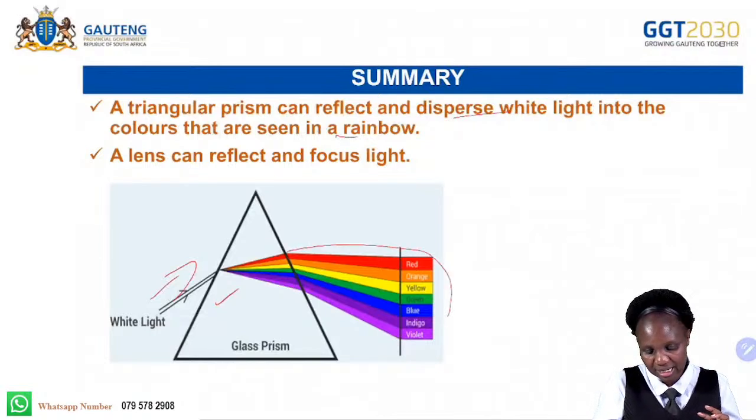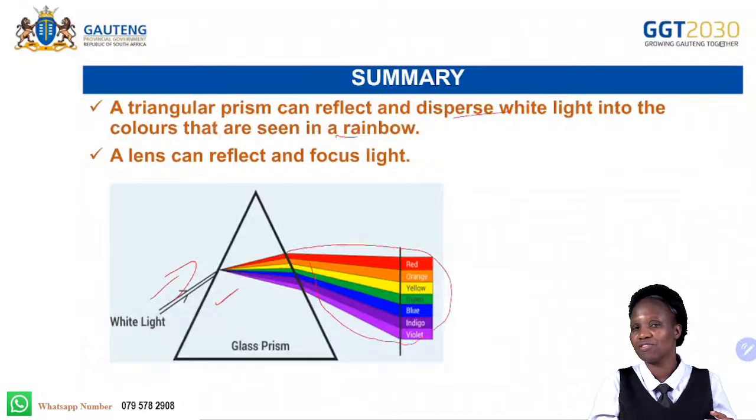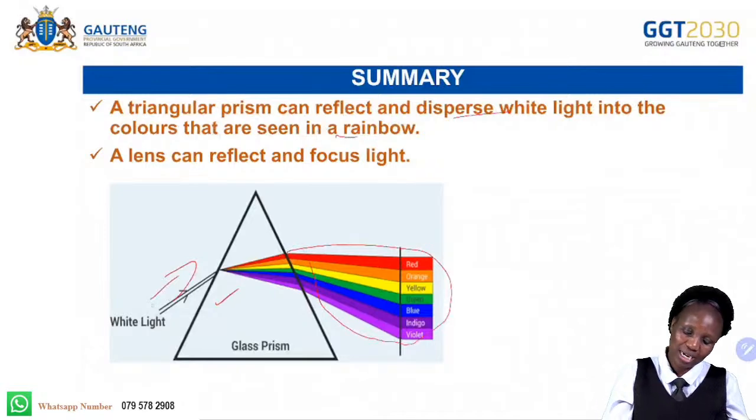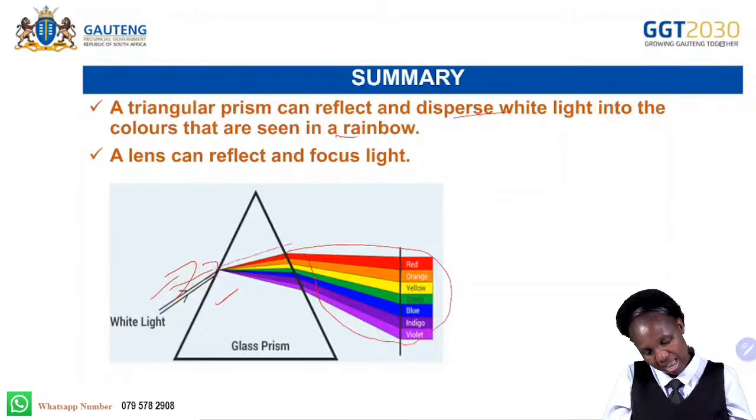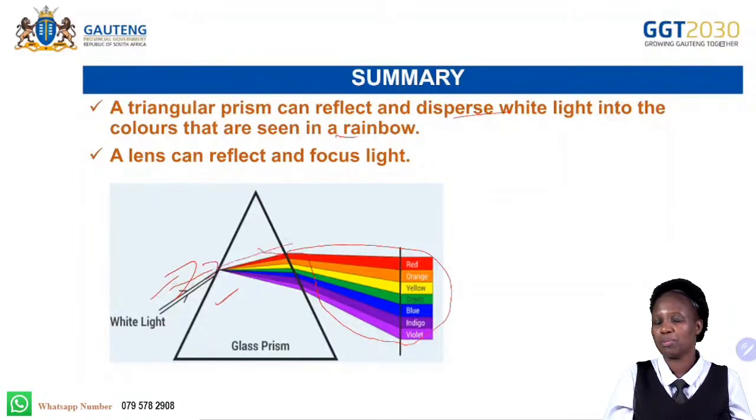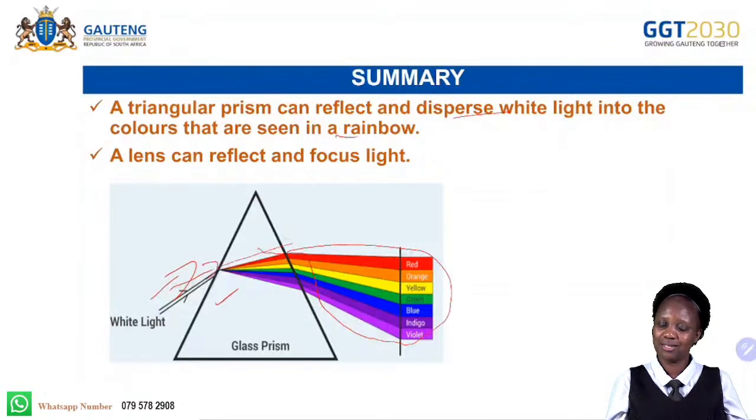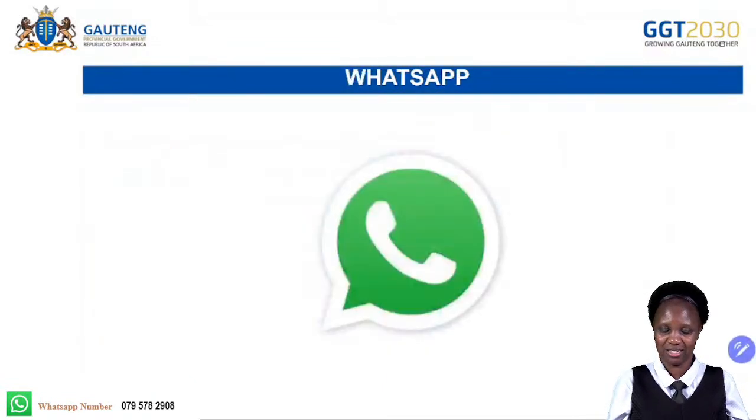Here it is dispersed into the colors of the rainbow. Because white light strikes a transparent medium, then it bends, then it disperses the colors of the rainbow. Interesting, isn't it? And then a lens can refract and focus light.